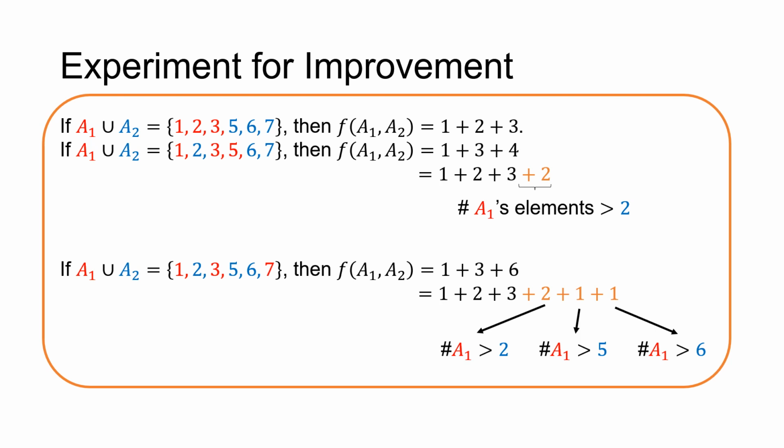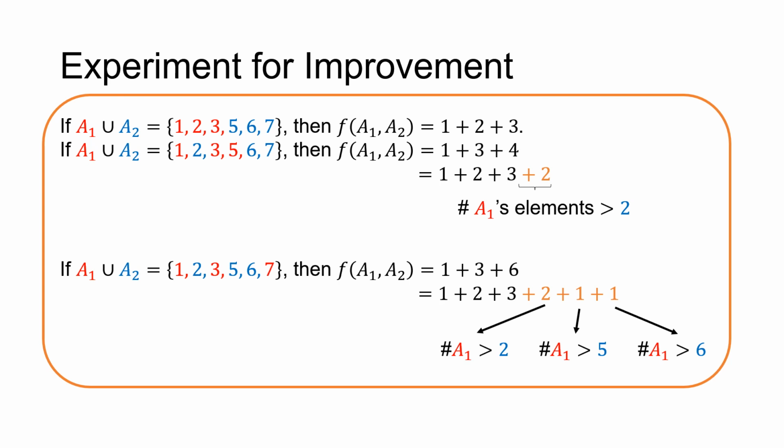I split the expression into two parts, 1 plus 2 plus 3 and plus 2. Why is the second value greater than the first value by 2? The answer is that element 2 in A2 is smaller than the two elements 3 and 5 in A1.